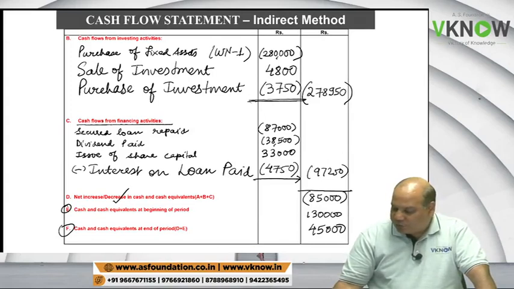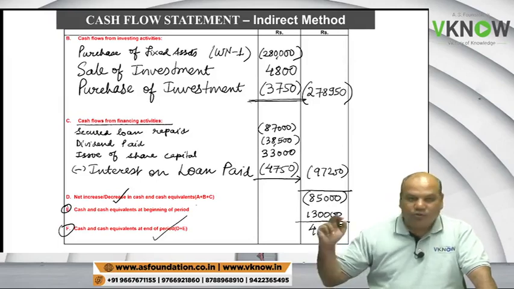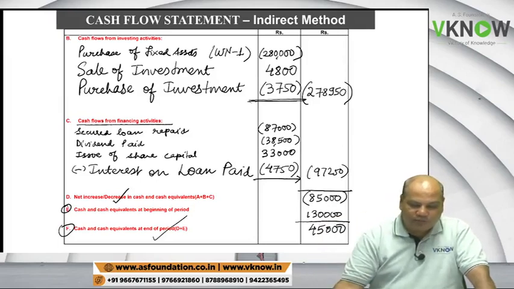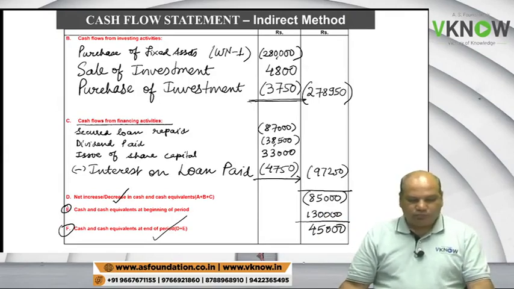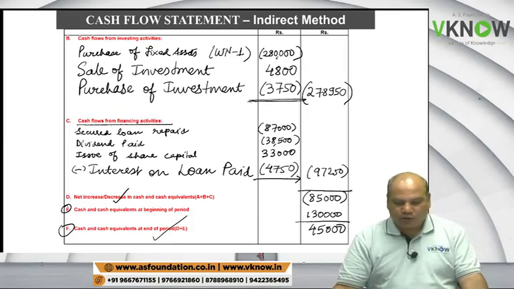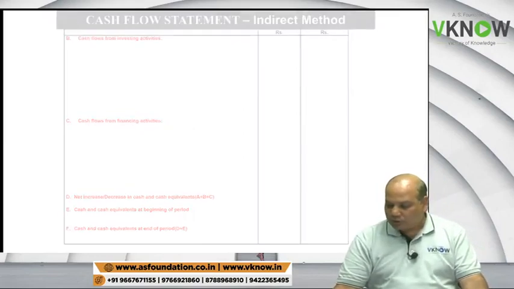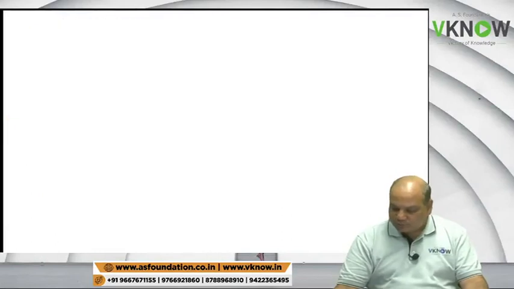And now if you try to tally, it will tally with 45,000. Is it tallying, minus 85 and plus 130? This is tallying. Wonderful. You are able to solve it. So this answer is over.